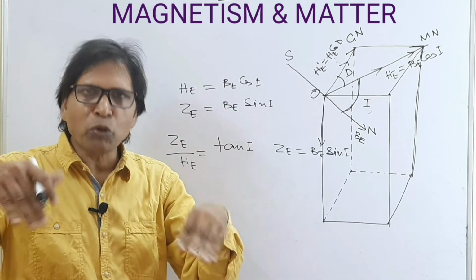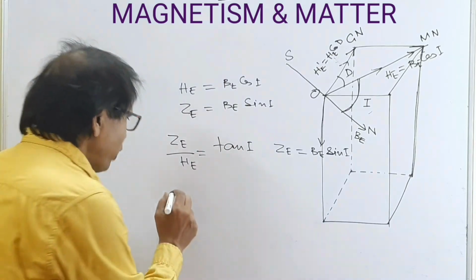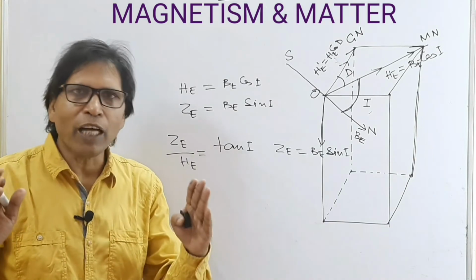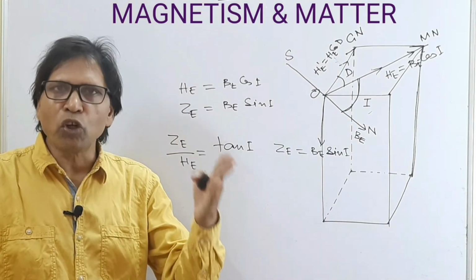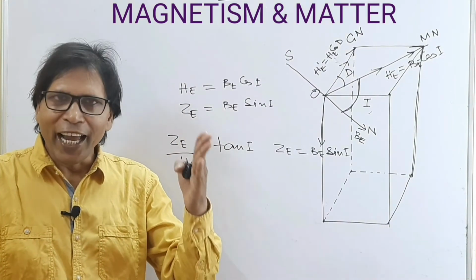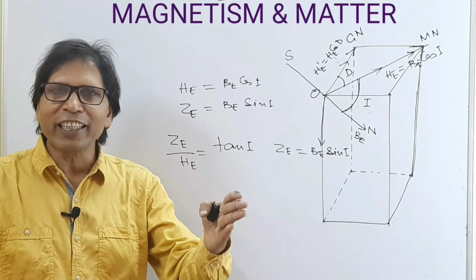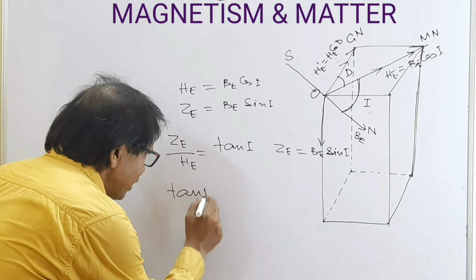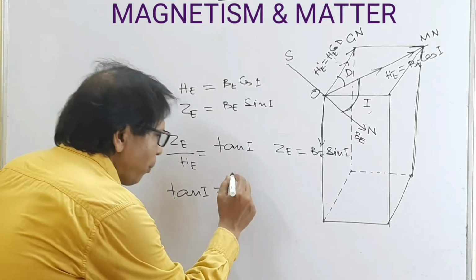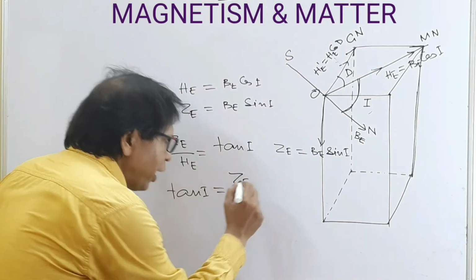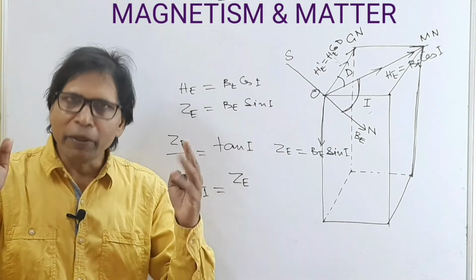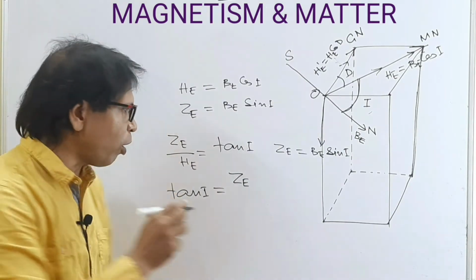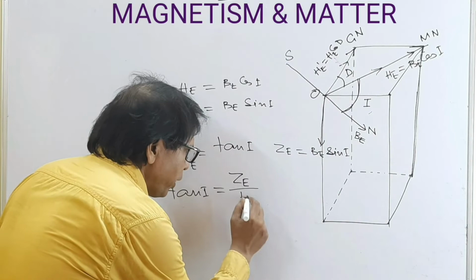Now with respect to geographic meridian, suppose the angle of dip or inclination be I dash. So look at this, tan I dash is equal to the vertical component in the geographic meridian divided by horizontal component in geographic meridian.